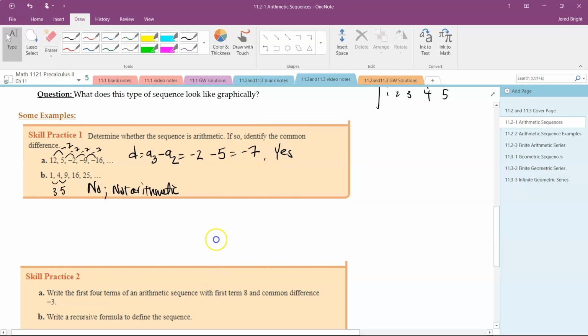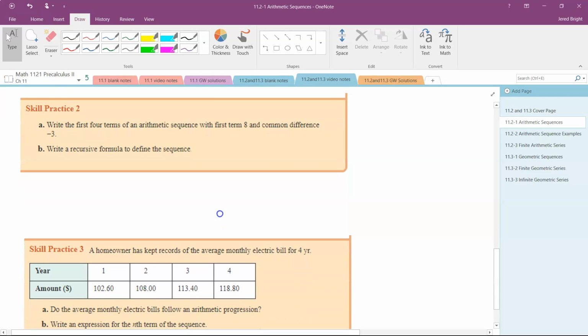For the next skill practice, it says write the first 4 terms of an arithmetic sequence with the first term of 8 and common difference of minus 3. Sometimes it helps me to write the sequence out. Between successive terms, I'm doing 8 plus negative 3. So this is really 8 and then 5.